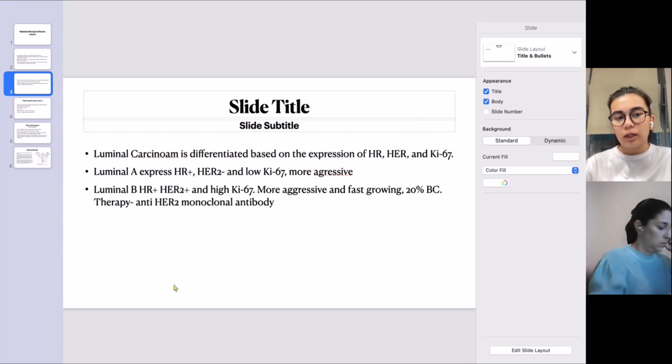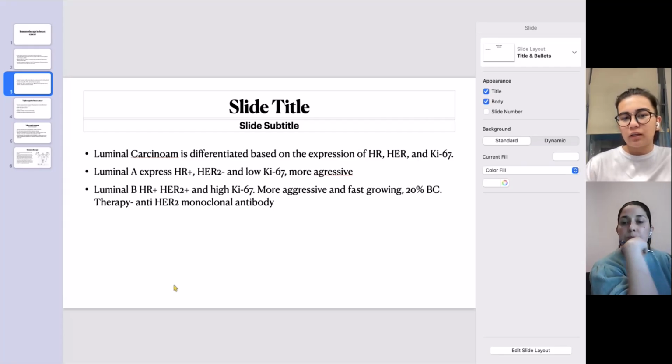So luminal A expresses HR positive, HER negative, and low Ki67. Therefore, I made a mistake here. It's less aggressive, not more aggressive.